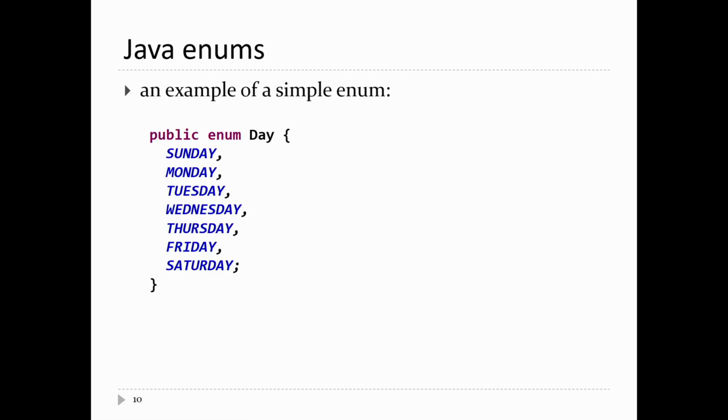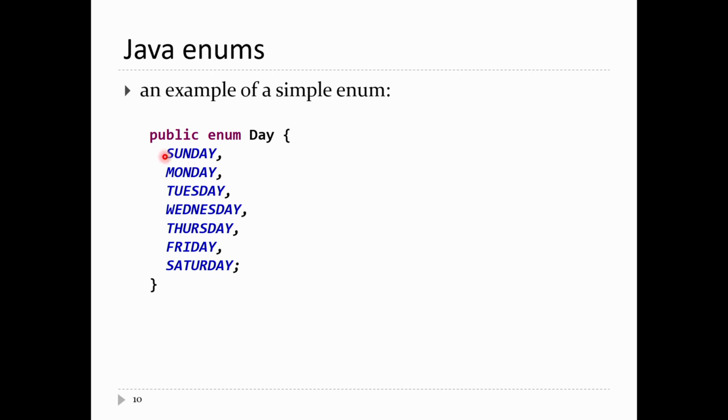And so the nice thing about the enumerated types in Java is that they're very easy to use. So if you want an enumerated type that corresponds to the days of the week, you make a class called Day. Now instead of using the word class, you use the word enum to tell the compiler that this is an enumerated type. So public enum Day, braces, and then you just list your constants out in the order that you want them to appear, or in the order that you want to compare them in.